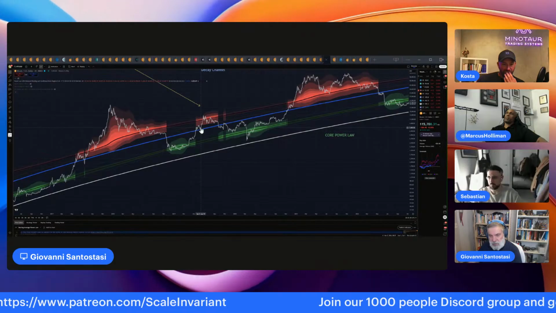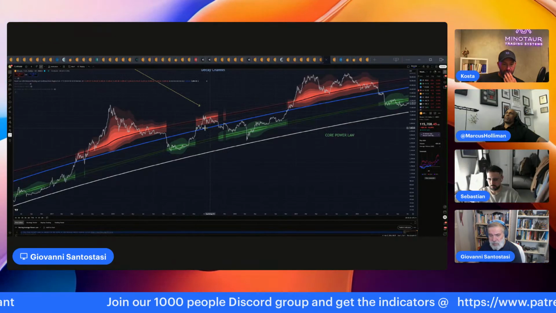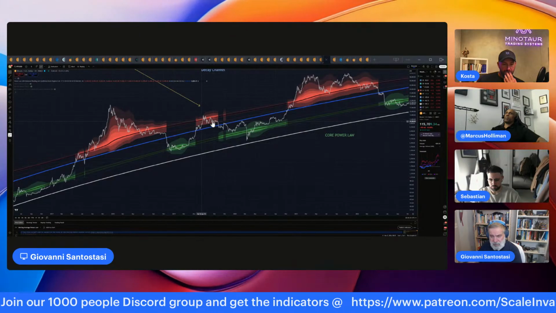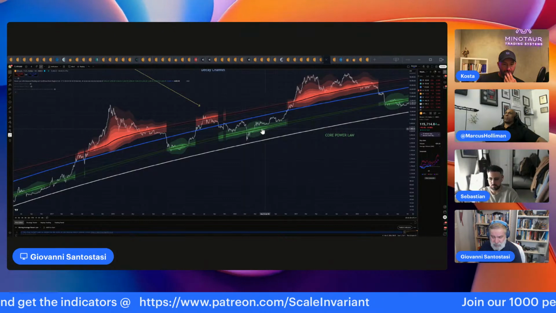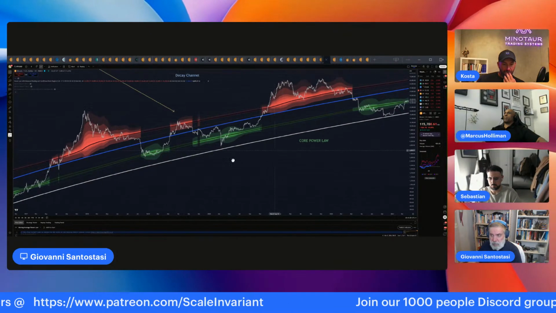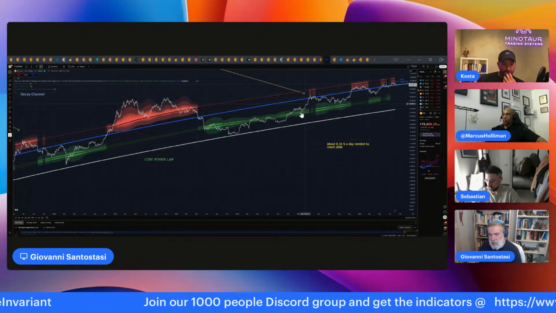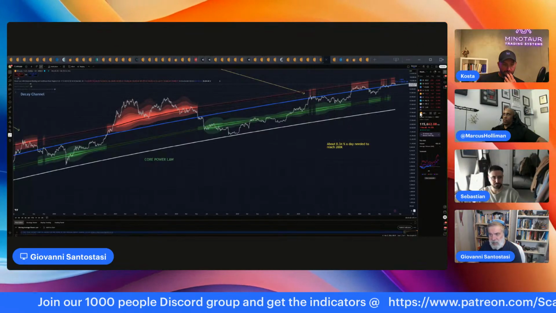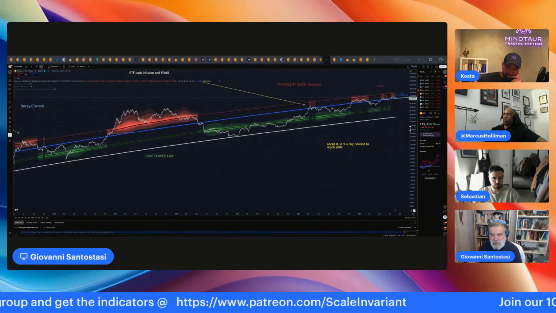A few times we had these regions where we were not supposed to have them during the core, but then quickly we had a correction that brought us back to the core. And it happened also briefly during this time. Probably this was due to the ETFs. The price was pushed up quite a bit.